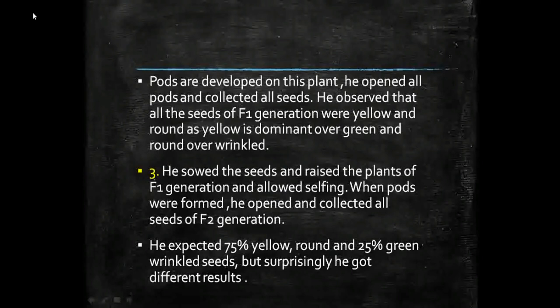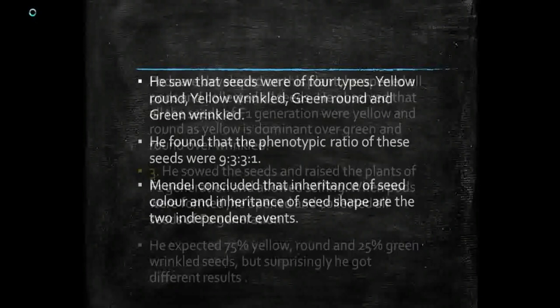What he was expecting was 75% yellow and 25% green and wrinkled seeds, and 75% yellow and round seeds. But surprisingly he got different results in the F2 generation. Now let's see what results he got in the F2 generation.